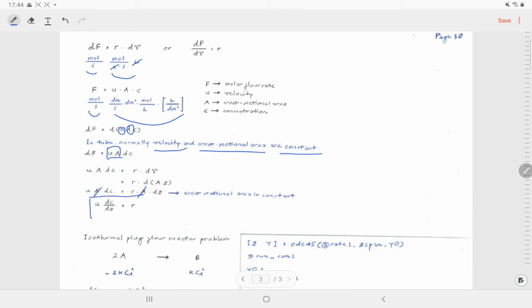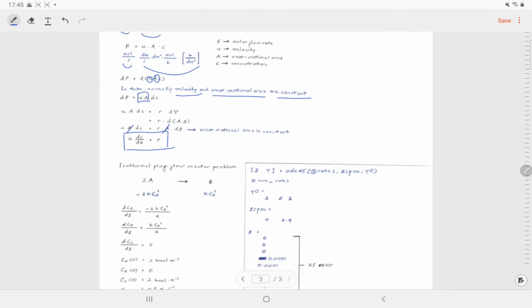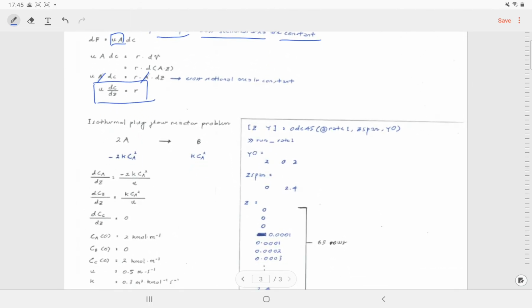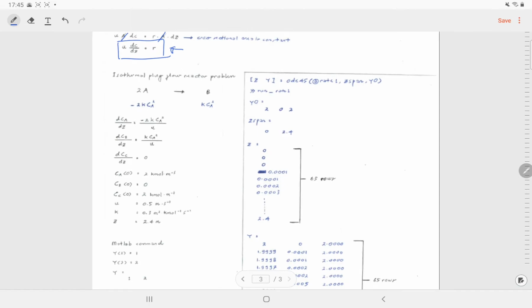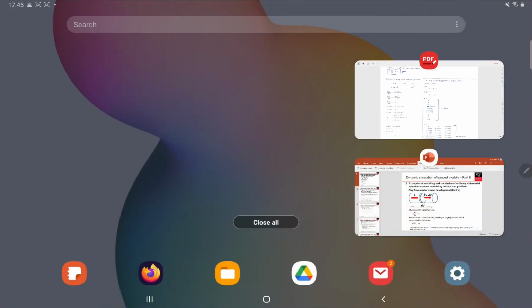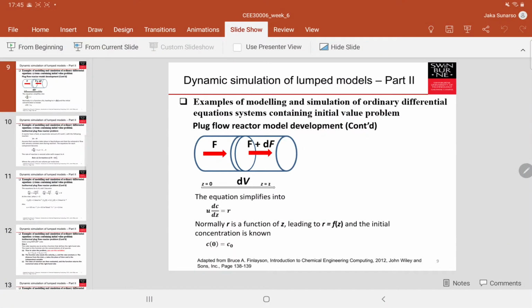Then this U multiplied by dC over dz will be equal to R. Okay, that is the detail for the derivations that we show in the slides. Then carry on into the next slide.